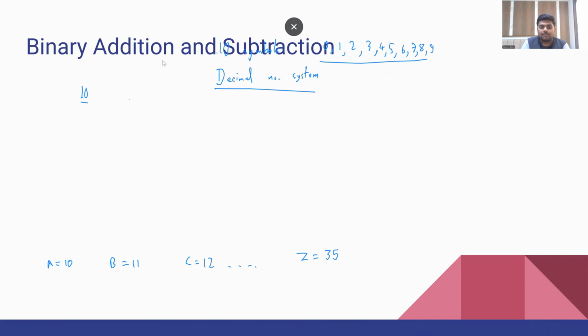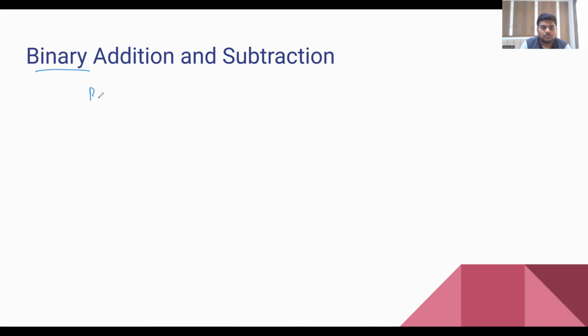One of them is the binary number system, with base equal to 2. So we will be using only two symbols here, which are 0 and 1.